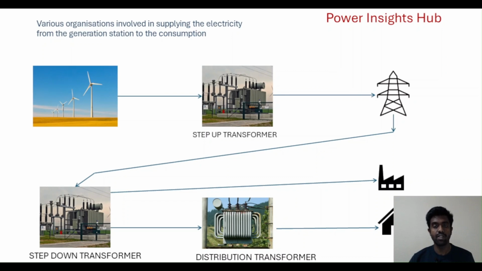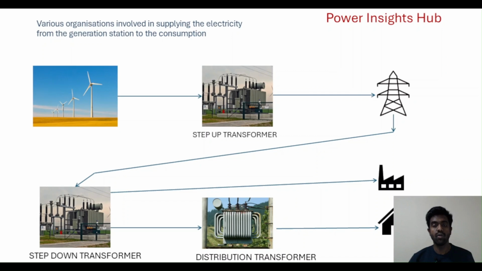Obviously whatever power you generate, you can't directly connect it to the transmission, right? So you have to step up using the step-up substation and step-up transformer. For example, with renewable generation, the majority of wind turbines right now are rated around 6.6 kV, and solar panels are rated below 1 kV.